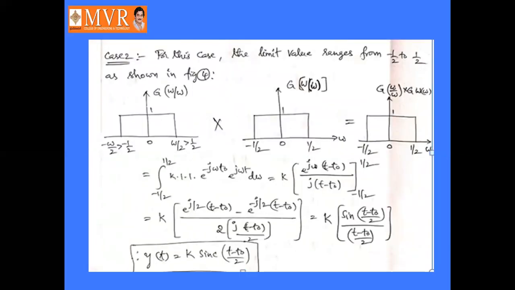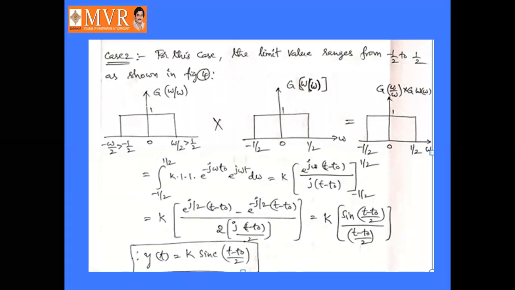Then coming to case 2. Case 2 and case 3 are also there. Here we are checking three different cases. So in case 2, the limit value ranges from minus 1 by 2 to 1 by 2 as shown in the figure.